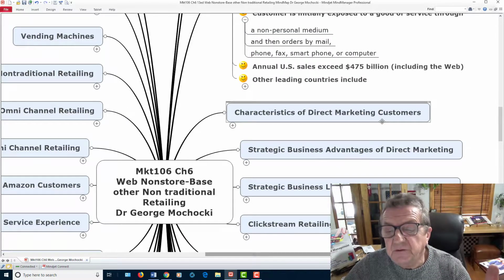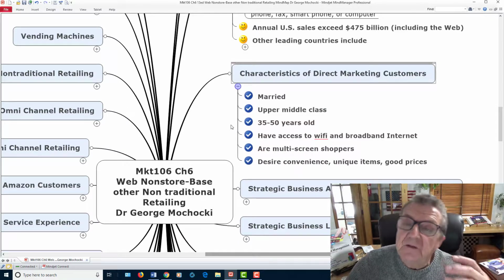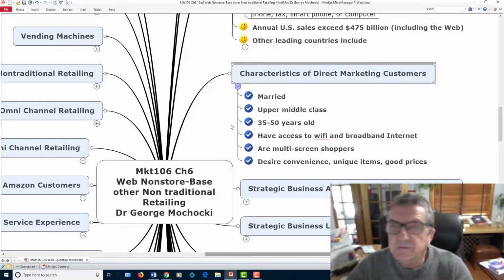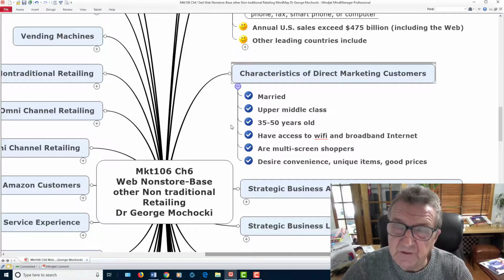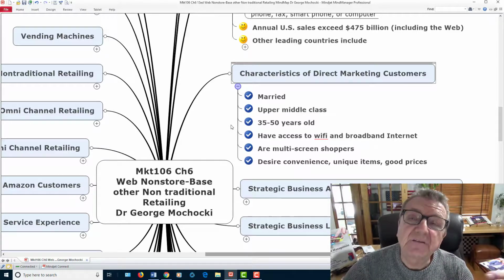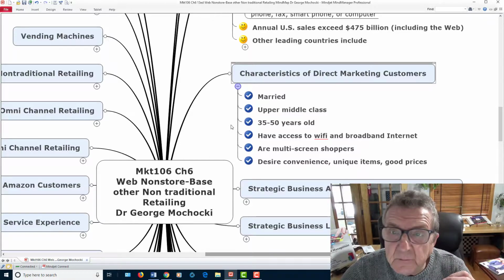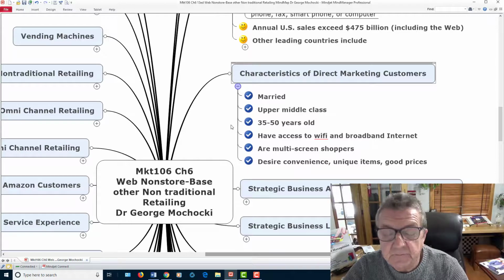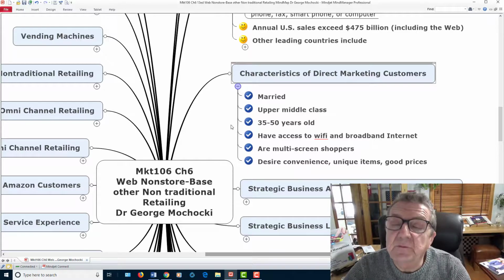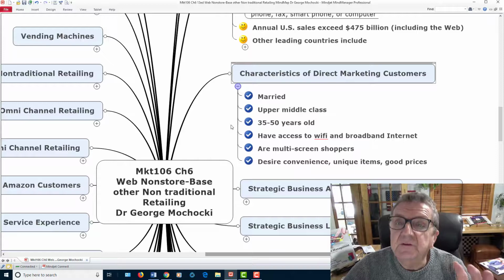Okay, characteristics of direct marketing customers. Remember, this is from the author, I think from 2016, a couple of years ago. If you're looking at anything in business, remember, this is a business class, we always look at the last 5 years. The more current the data, the better it is for me to adjust my business to meet the customers' demographics and demand.